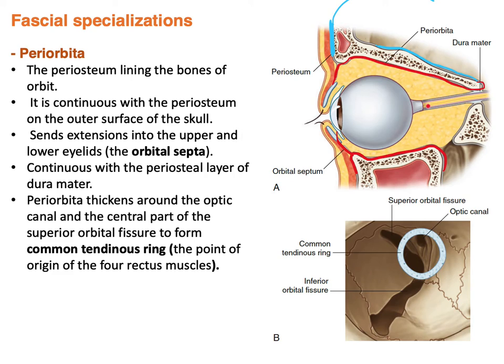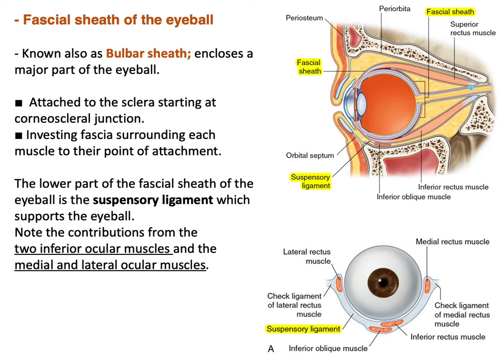Now, do you think it just lines these walls? No, but also posteriorly, it's thickened near the optic canal, and this thickening creates the common tendinous ring. So the common tendinous ring is formed by thickening of the periorbita. This is posteriorly. And also, it continues as a palpebral sheath.